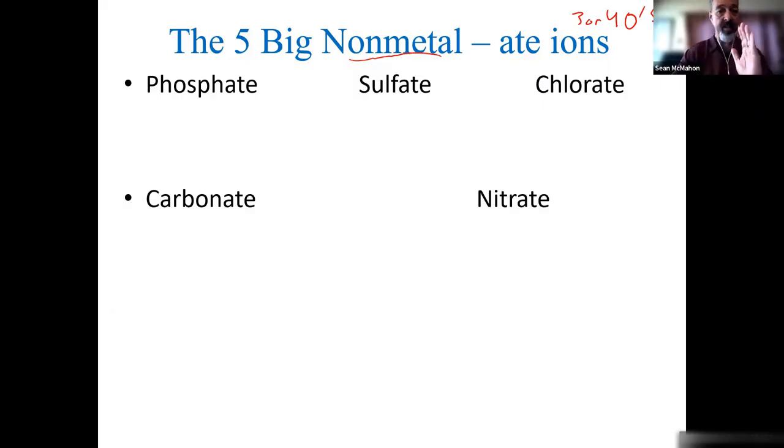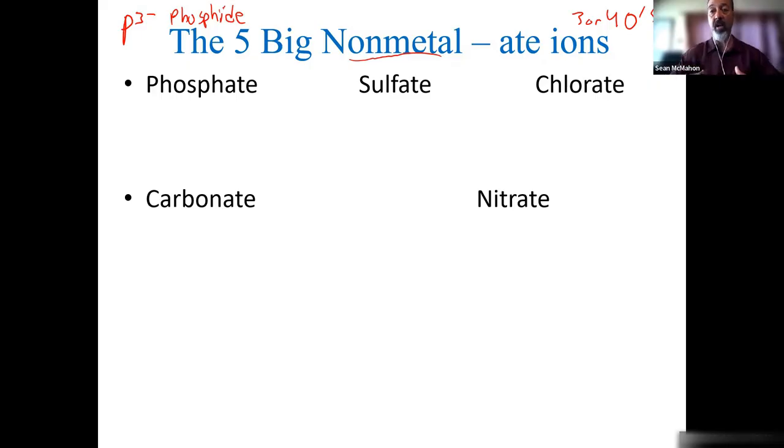So if I see phosphate, it's not phosphide, so don't get confused. This is phosphide. That is monoatomic, which is what we learned when we did the binary compounds last lecture. That's a monoatomic anion.